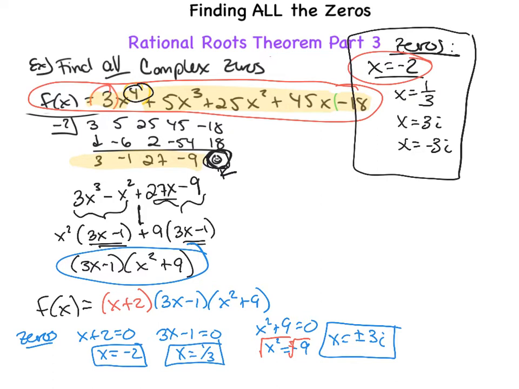And 3i and negative 3i did not show up in our original list of possible rational zeros because rational numbers don't include imaginary numbers.